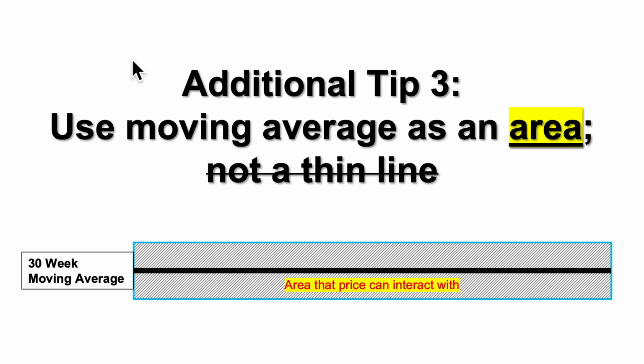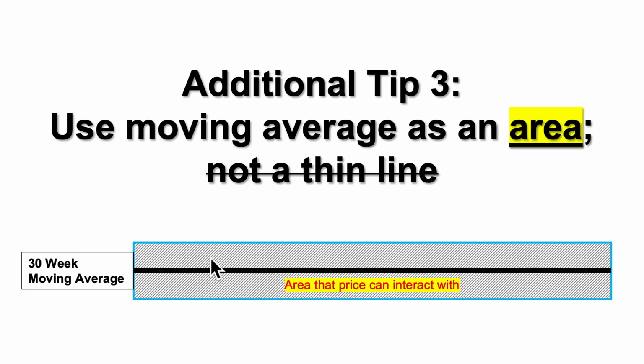So do not treat the 30-week moving average as just a line that price cannot pass or cannot touch. Price can react at the vicinity of the 30-week moving average. It does not need to touch the 30-week moving average to consider that it is a reaction away from the 30-week moving average.